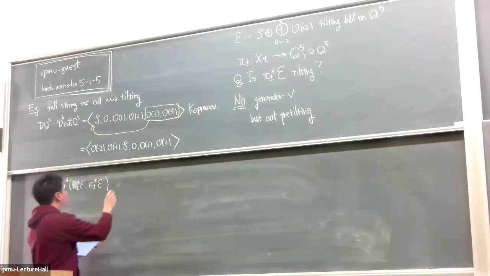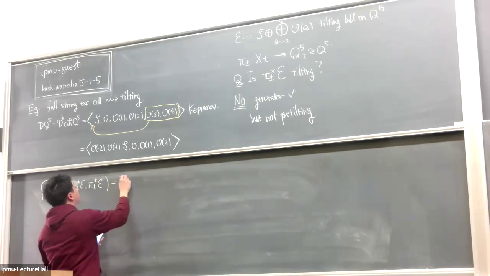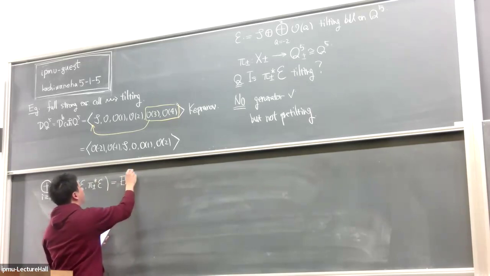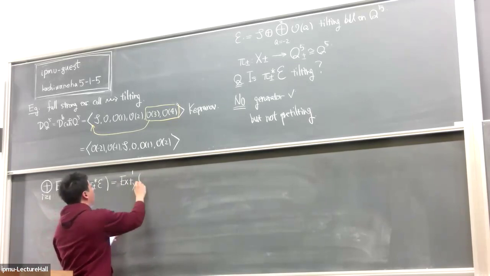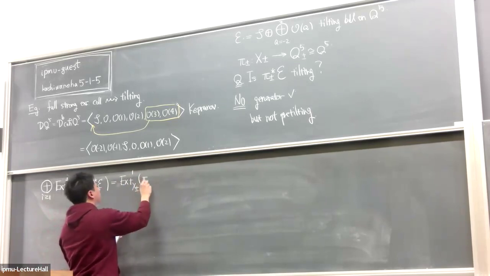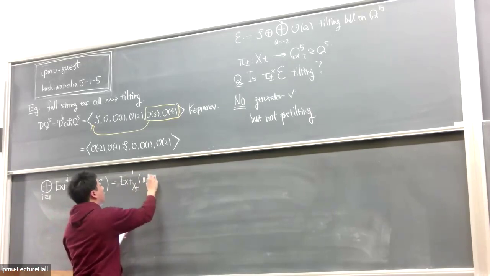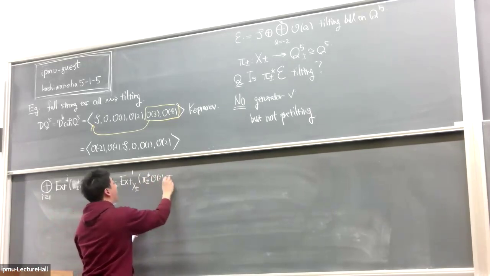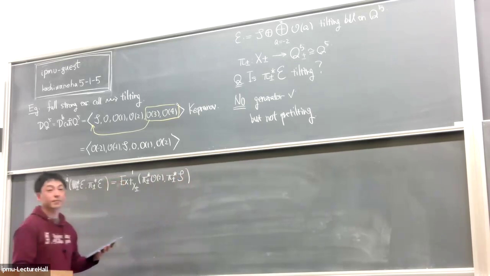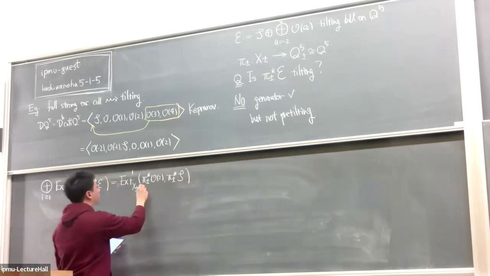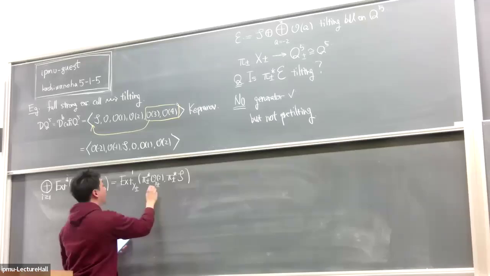Then the vanishing is given by Ext of O(2) and the spinor. This is too long, so not today. I denote this by W2.